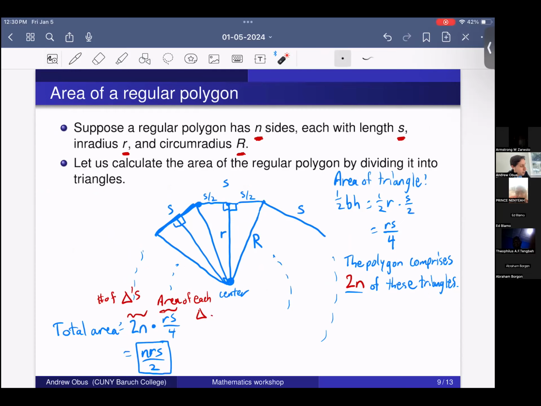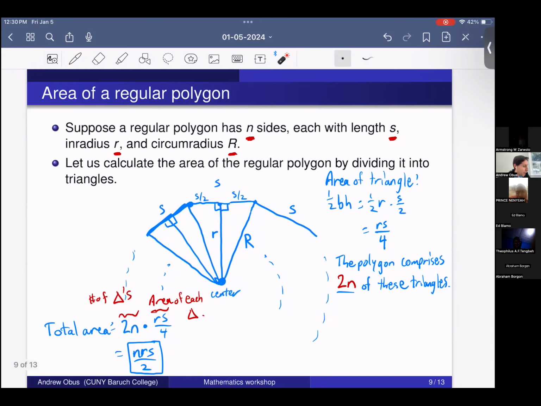And if we can find a formula for r in terms of s and n, then we're good. Then we can write everything in terms of s and n. Yeah, we'll substitute that, but we have to use a little trigonometry to make that work.